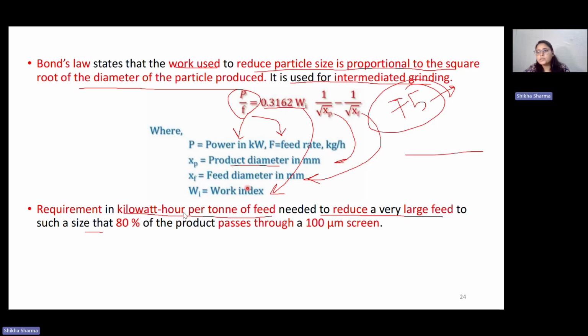So the requirement in kilowatt hour per ton of the feed is needed to reduce a very large feed such that 80% of the product passes through a 100 micrometer screen. So 80% of the particles must pass through this particular dimension of the screen.